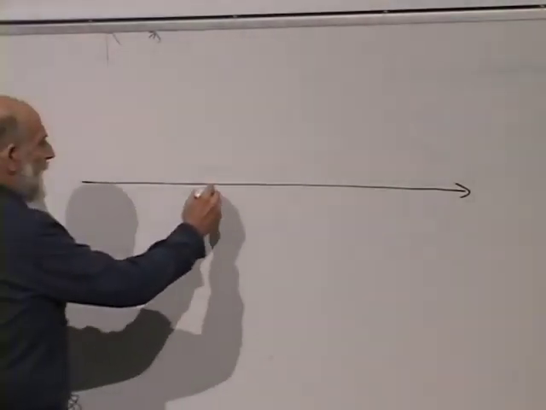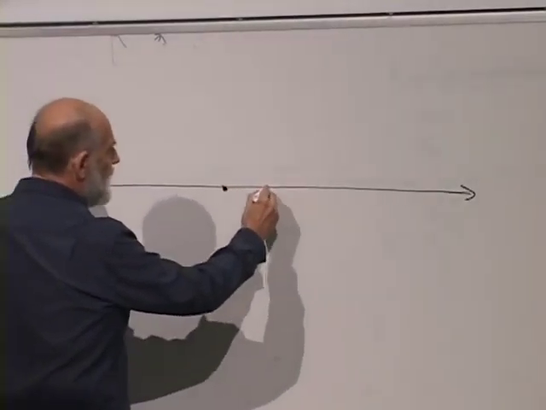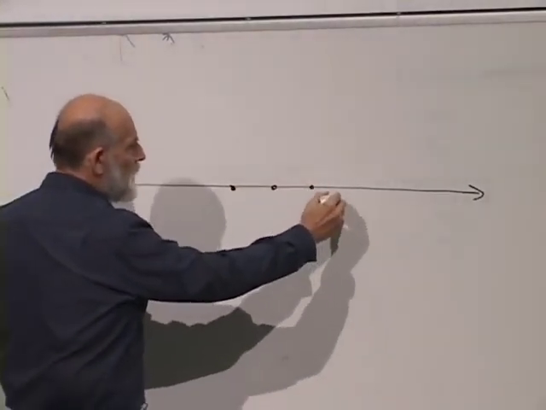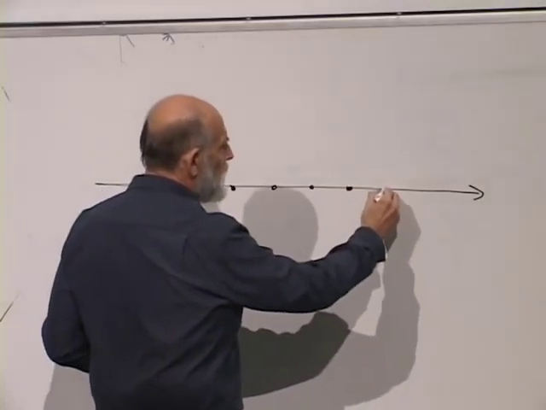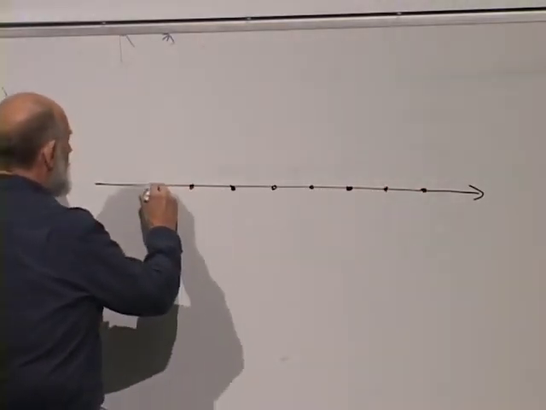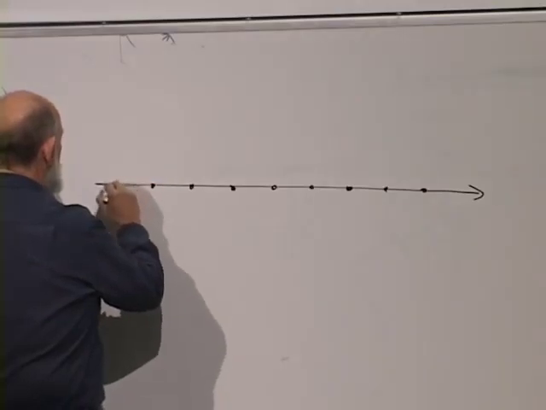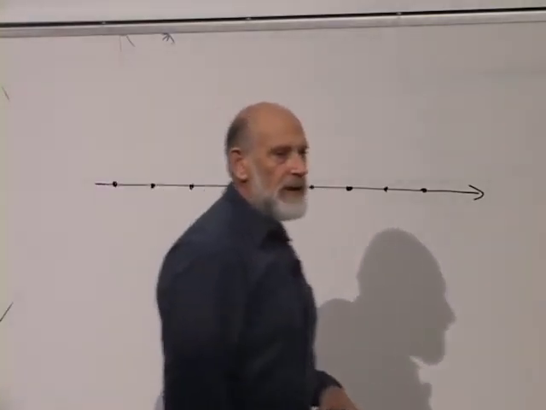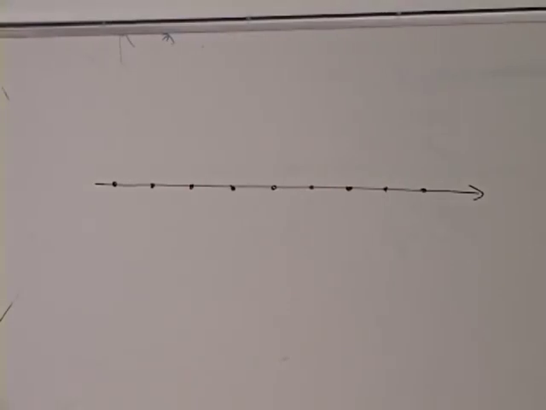And imagine embedded in it are some objects which are equally spaced. They're embedded in the space, and I'm going to give them a name now. They're called galaxies, okay? One-dimensional galaxies. But they're just particles or objects which are embedded in this line.